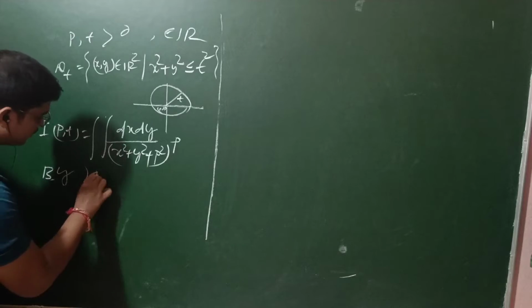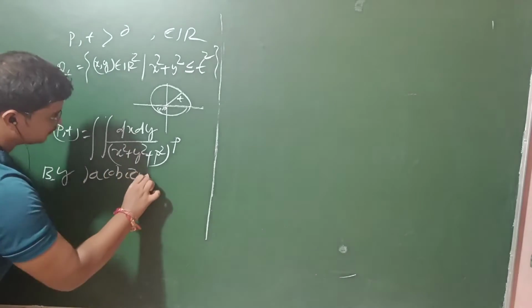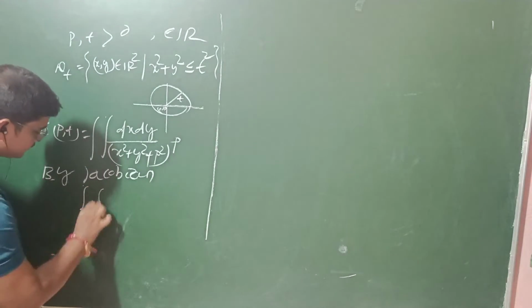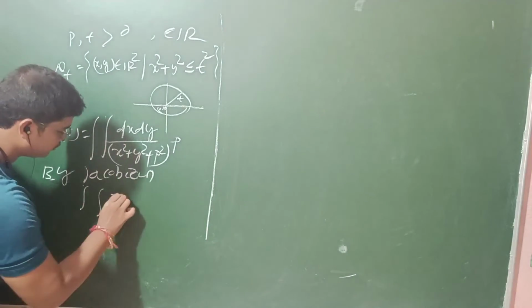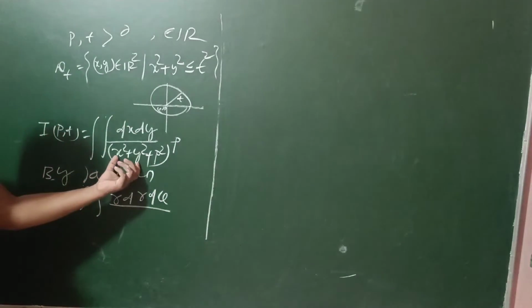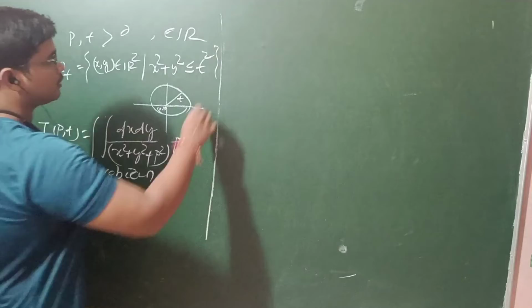By Jacobian, we can write this like dx dy equal to r dr d theta.